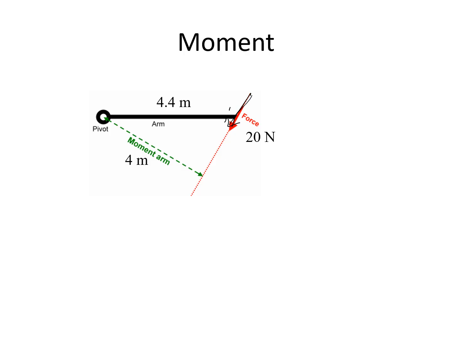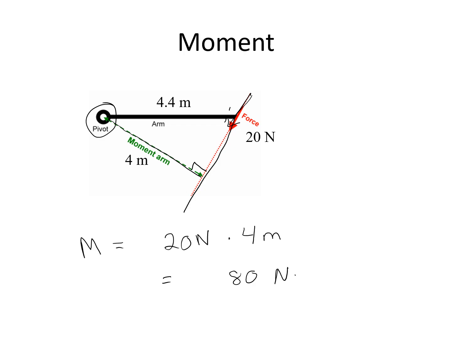So we can extend this line of action so that we can get from the pivot point to the line of action of the force the perpendicular distance, which is 4 meters. And so our moment is going to be 20 newtons times that perpendicular distance, which is 4 meters, not the 4.4. And that will be 80 Newton meters.